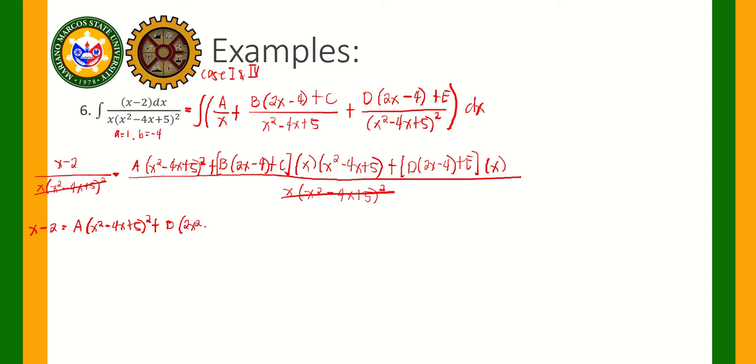Distribute natin si x dito. Minus 4x multiplied by x squared minus 4x plus 5. And then plus c, plus cx times x squared minus 4x plus 5. Okay? And then plus, ganun din yung gawin natin dito, dx times 2x minus 4 plus ex.